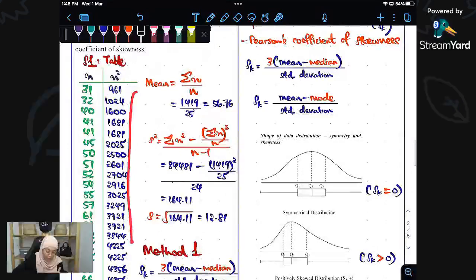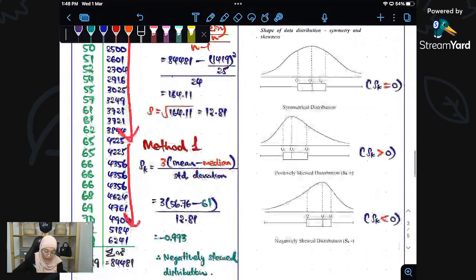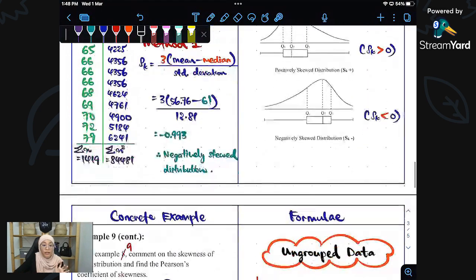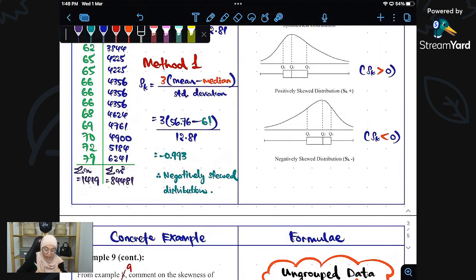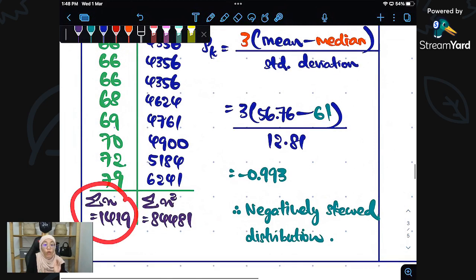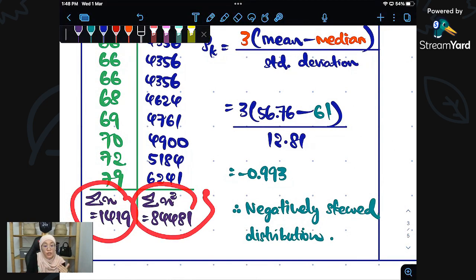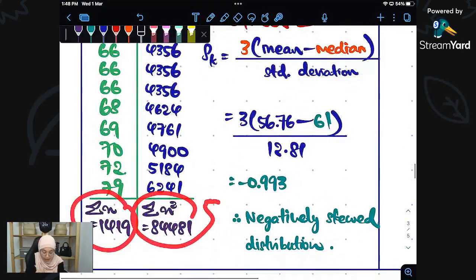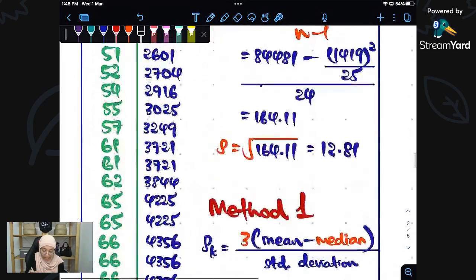I know it's a very, very long table there, but you don't have to be afraid of it. All you gotta do is make sure you find the summation of x is 1419, and then the summation of x squared is 84481.